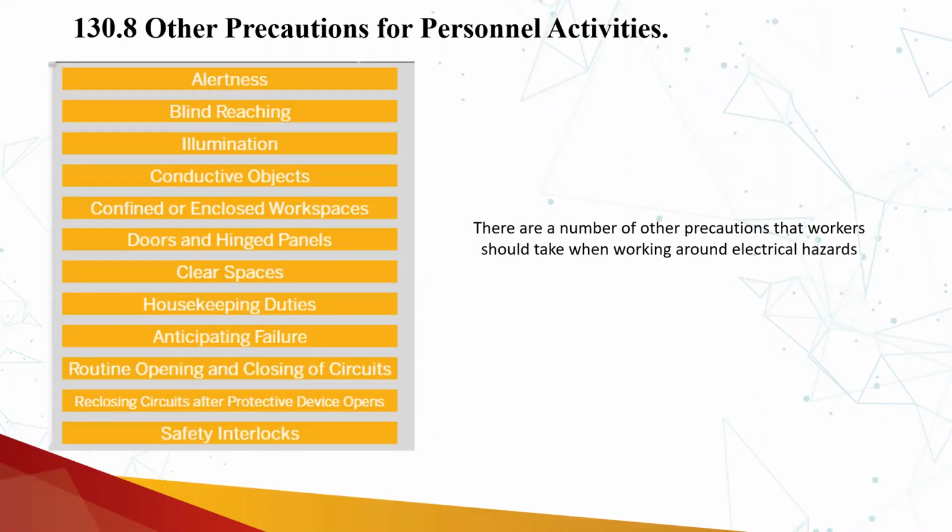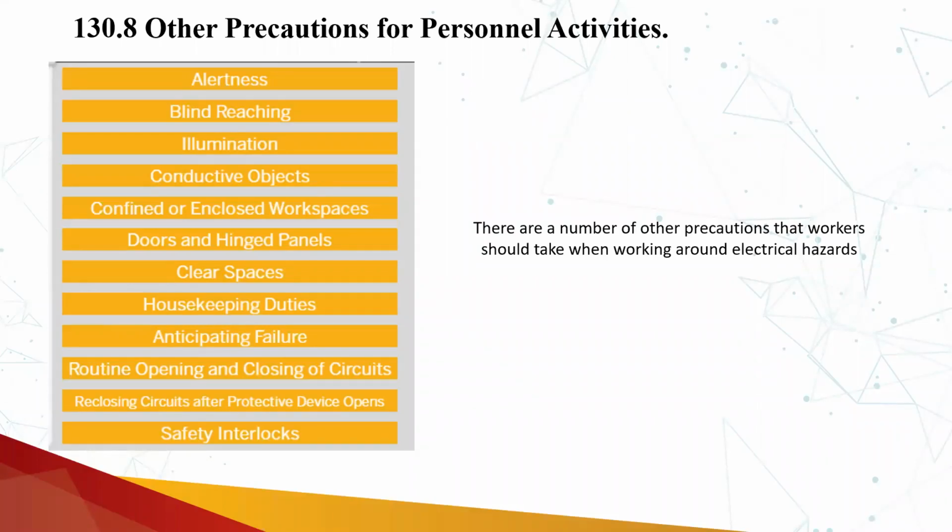Housekeeping duties: again, if you want to carry out these duties and they are being performed by a qualified person, then he is allowed to perform housekeeping duties within the limited approach boundary. But if these housekeeping duties are to be performed by an unqualified person within the limited approach boundary, then you have to establish an electrically safe work condition for them.